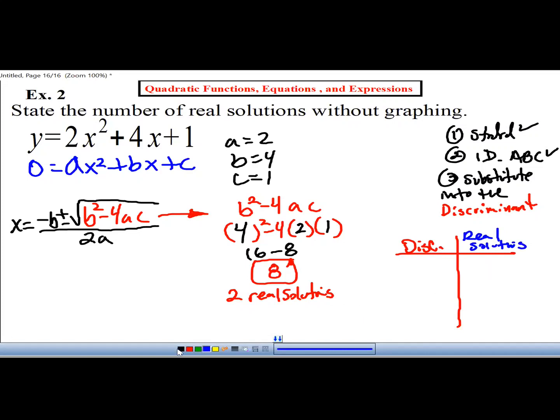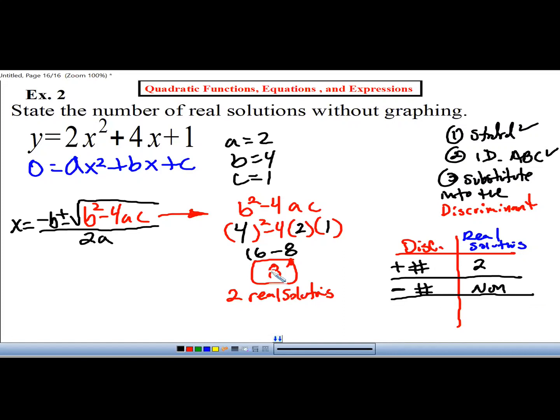Here goes the little guide as to how you're going to know if there are real solutions without graphing. Look at this number. What kind of number is it? It's a positive number. If you end up with a positive number, you're going to have 2 real solutions. If you end up with a negative number at the end, you have no real solutions.